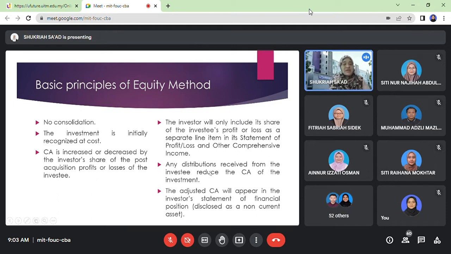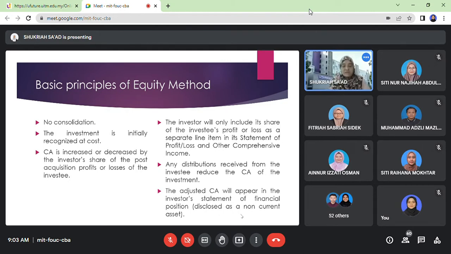For instance, dividend received from the associate, so we need to minus. Then the adjusted carrying amount will appear in the statement of financial position. This one is the investment at cost. So all this is the elaboration for the item with regards to the investment in associate, which should be reported at cost.